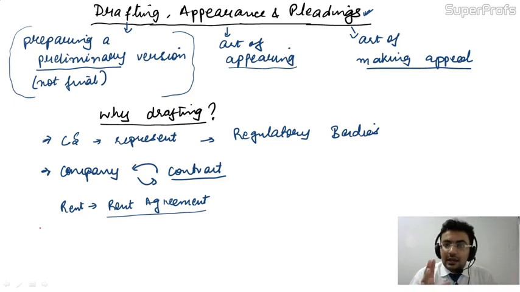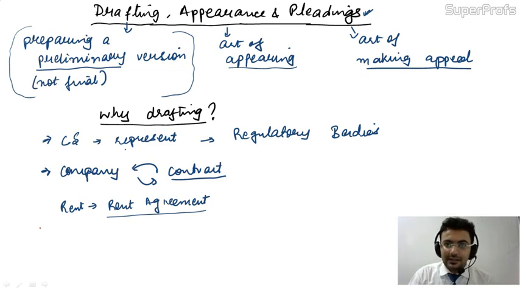Be rest assured, after some classes you will be able to draft your rent agreement. For sure. Now there will be no need to pay anybody. You can draft your own rent agreement and include all the things. Once we start on that, we'll include all of them. Okay? So this was all about why you need to study drafting.